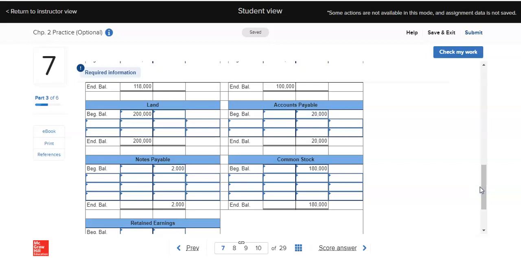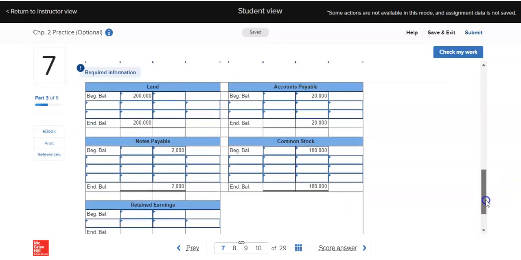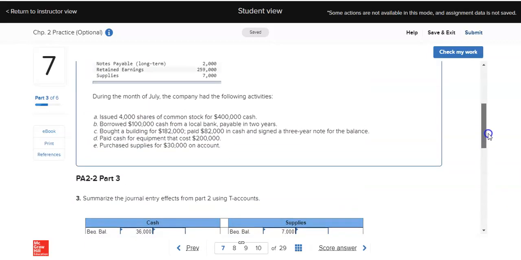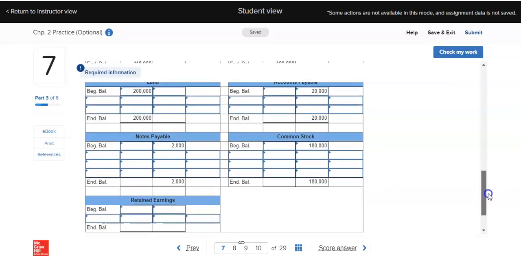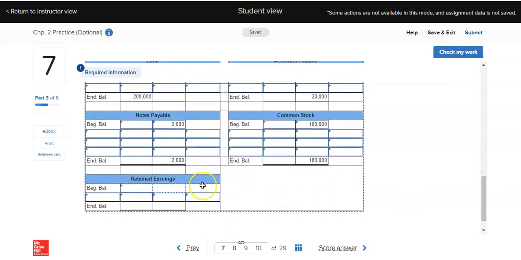So they should have normal right side or credit balances, like accounts payable, notes payable, common stock, and I'll put our last one in here, retained earnings. It's got a balance of $259,000. I know that goes on the credit side because we increase equity accounts on the right or credit side.